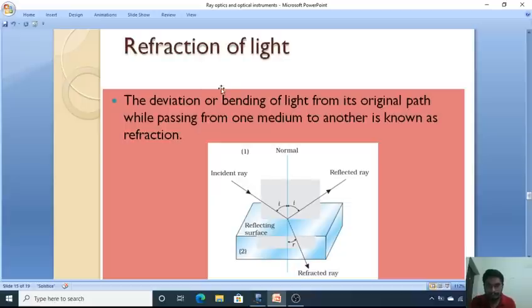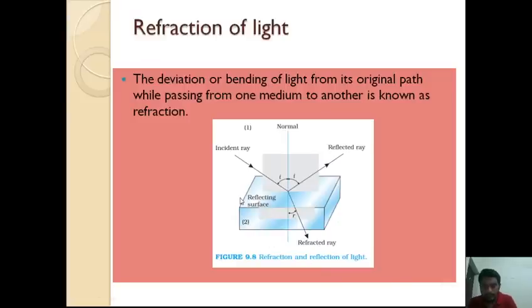You can see this is the incident ray. So this light is traveling from medium 1 to medium 2. This is the transparent medium, glass. When light is incident on a transparent medium, part is reflected and part is transmitted, and the transmitted light is called refracted light.